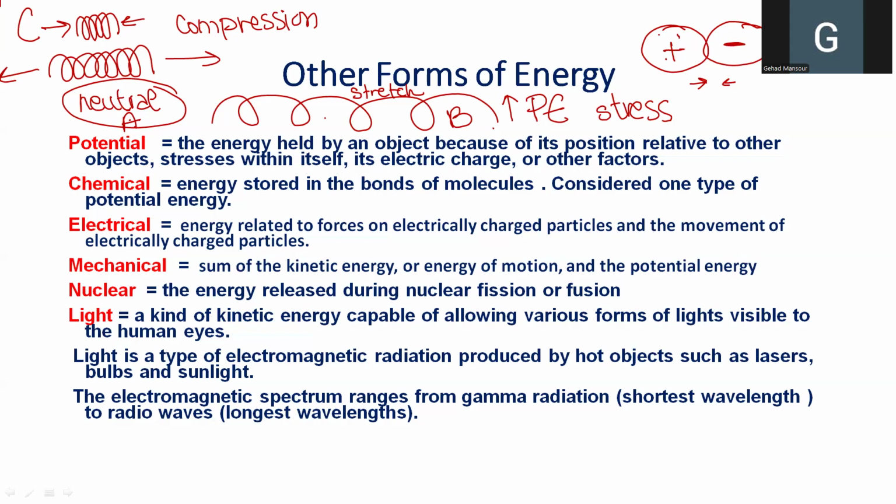But if you force them out by a method or another, then they will have potential energy because they will acquire a new position that is not their stable position or not their lowest energy position. So their potential energy, when they are stable, when they are attracted to each other, is relatively lower than the potential energy when they are far from each other.